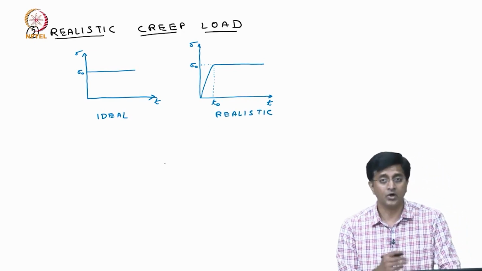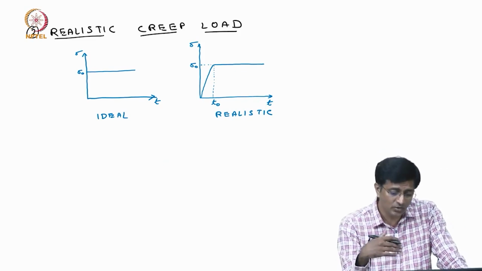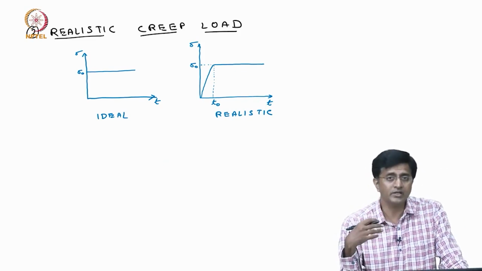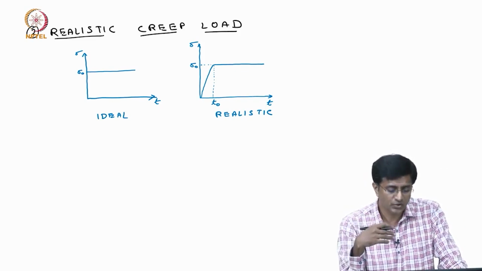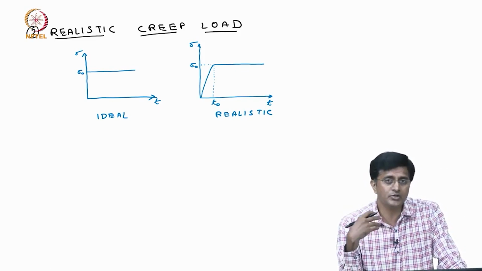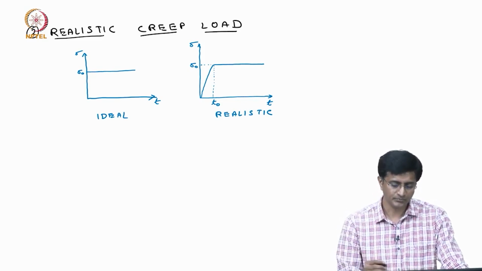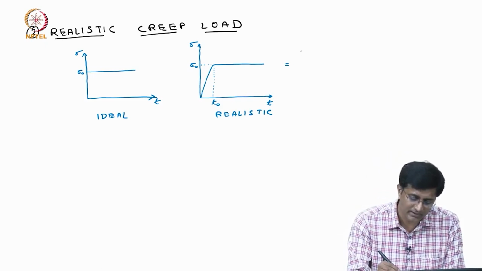Okay. Now, the question is, once we know that we are applying a realistic creep load, then how do we find the response? So, if we look carefully, again we should be able to invoke the superposition to help us solve this problem. So, this can be written as sum of two unit functions again.